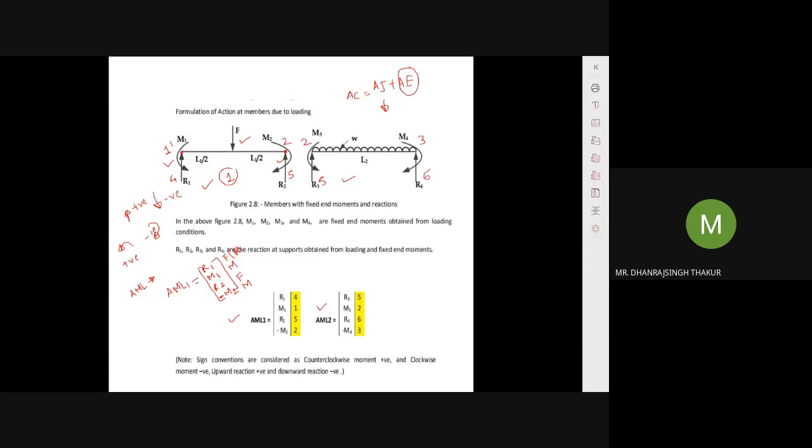Again you have to write down the AML2 matrix: value of reaction, moment, reaction, moment. First the left node, then the right node. On member 2, the reaction is upward, so R3, anticlockwise moment so plus M3. Then at the right node, reaction upward R4, moment clockwise so minus M4. And what is the coding here? It is 5263, so 52 is common.